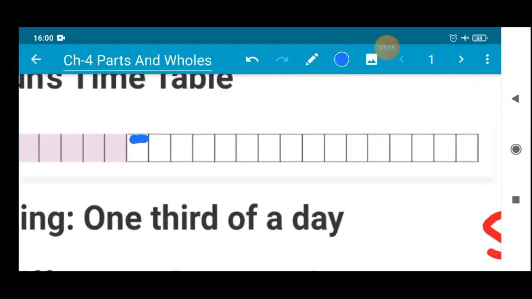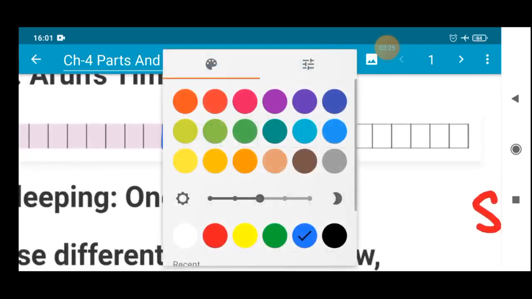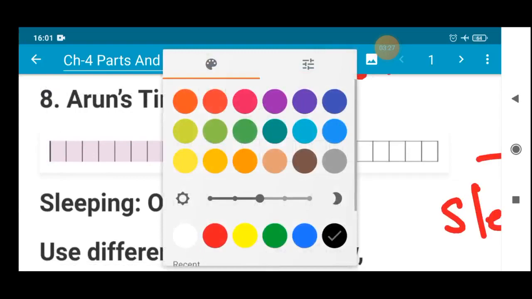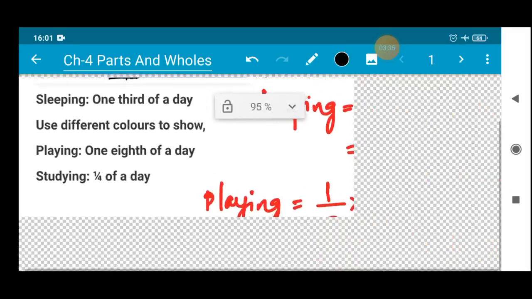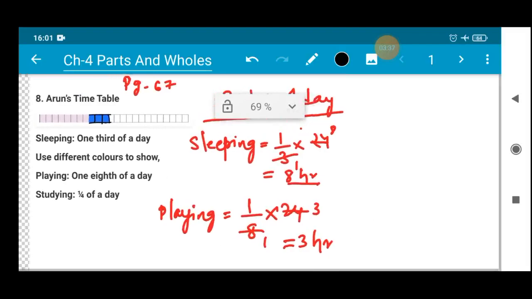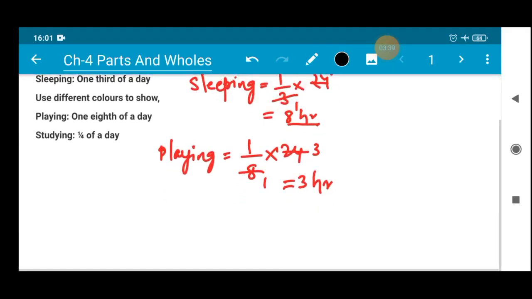How many boxes do we have to fill? We have to fill 3 boxes. 1 here, 2 here, and then this 3rd box. So these 3 boxes are representing that in a day he is spending 3 hours in playing, right?